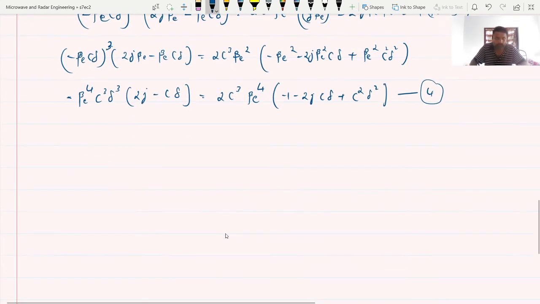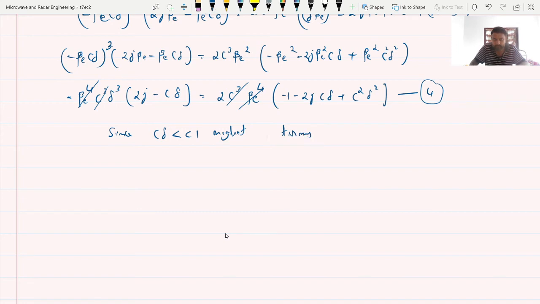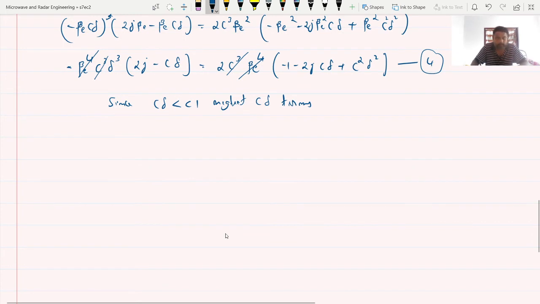So this term gets cancelled, this term gets cancelled, and also since c into delta is very much less than 1, you neglect c delta terms. So what you will get? Minus delta cube 2j equal to, here c delta terms will be gone, equal to minus 1.